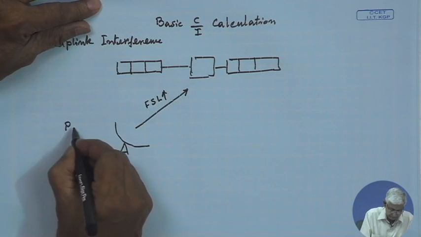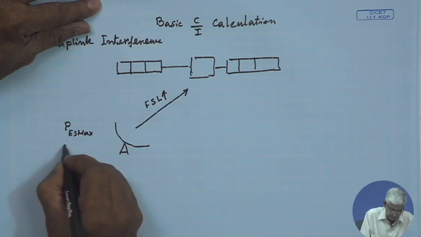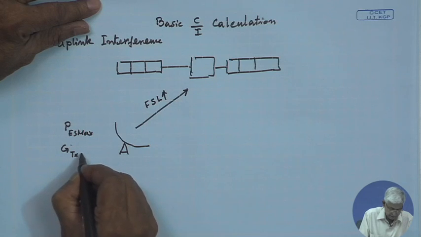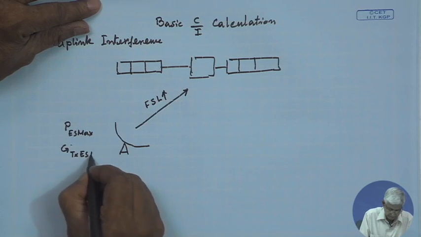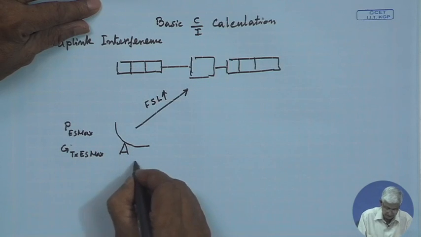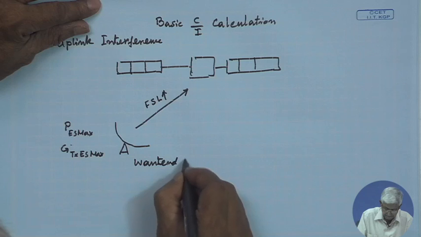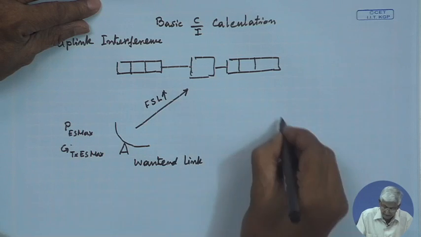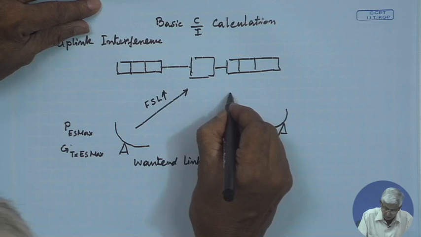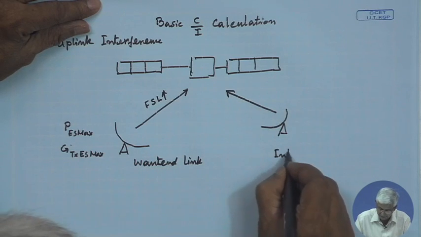So, it has power of a station which is maximum and gain of the transmit antenna which is a station maximum. This is the wanted link, and there is another station which is interfering. This is the interfering station.